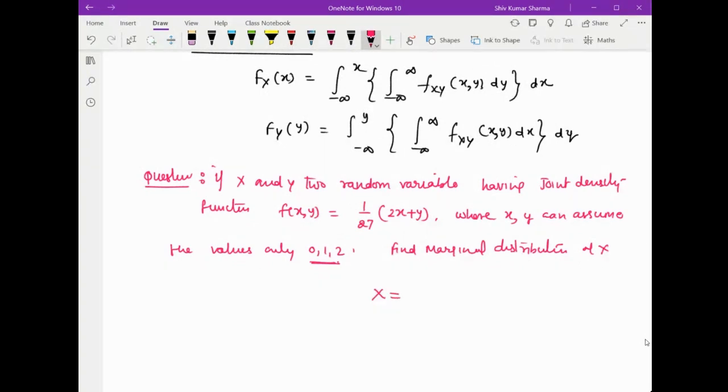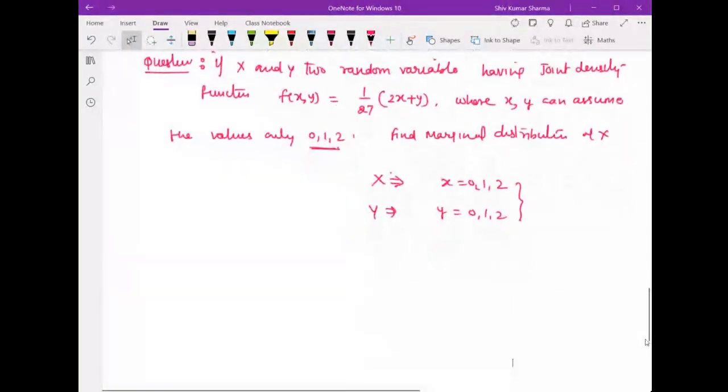So x also considers only three values, 0, 1, 2. Random variable y also considers three values 0, 1, 2.